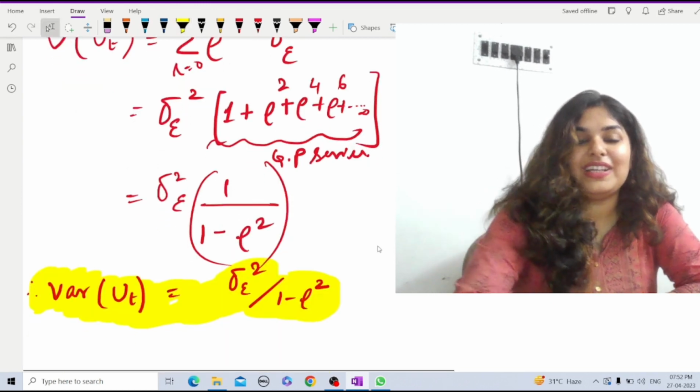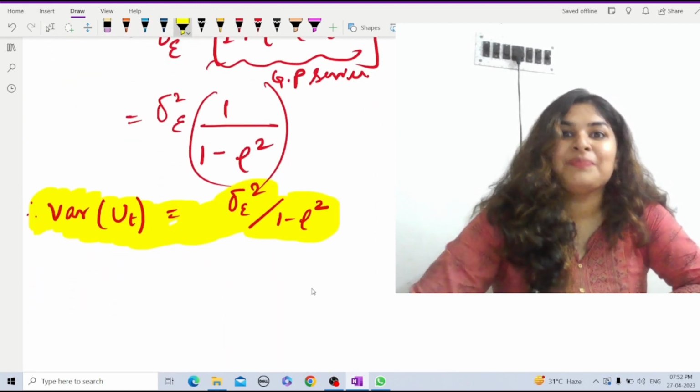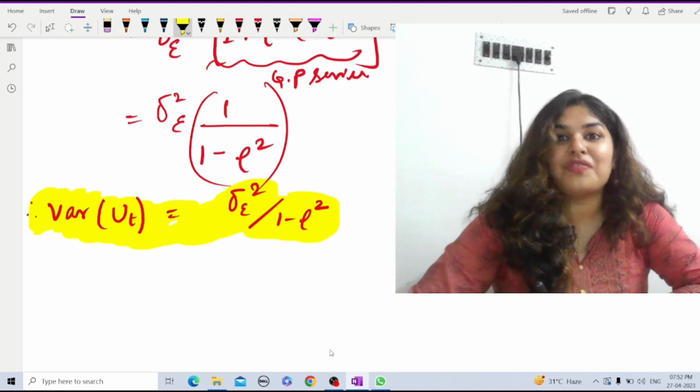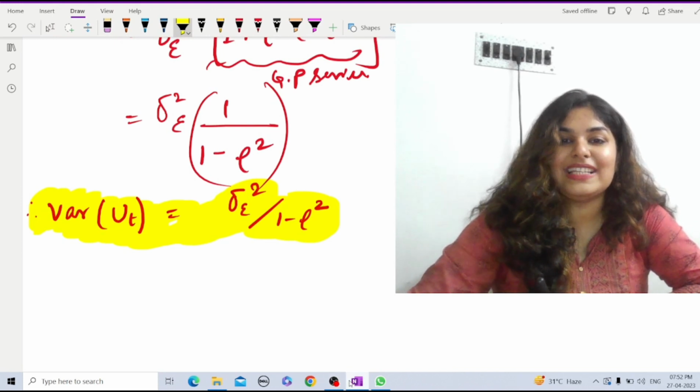Now next we have to find out the correlation between the disturbance terms of successive time periods. So for that, let us have a look.